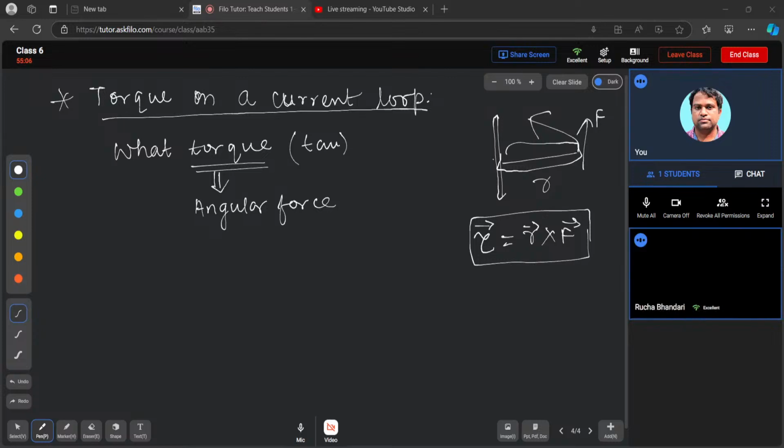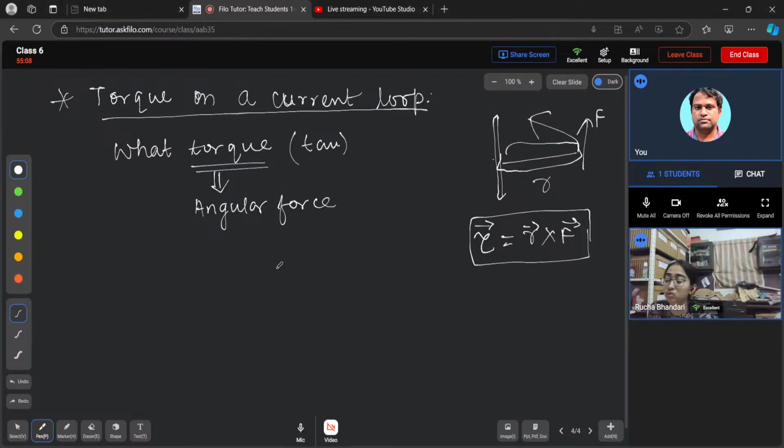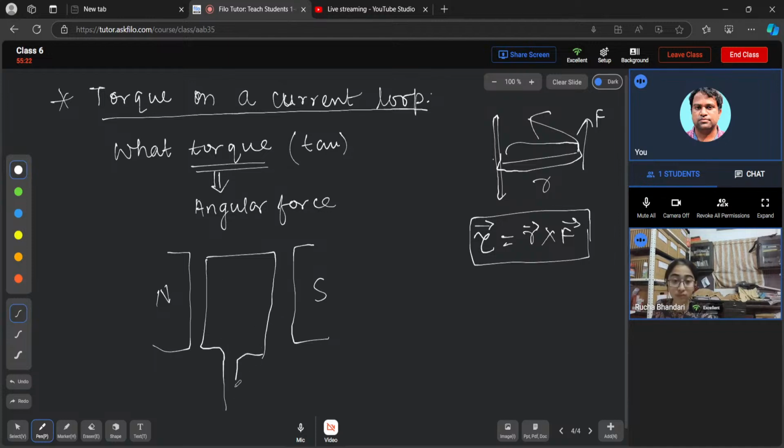Let's say this is the north pole of the magnet, this is the south pole of the magnet, and we'll keep this loop inside the magnet. North pole, south pole means magnetic field lines will be from left to right, north to south, we know.